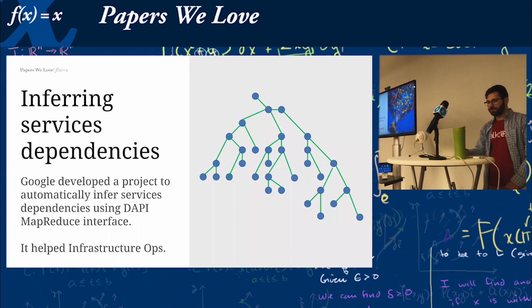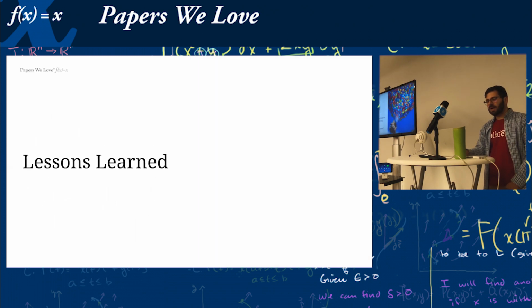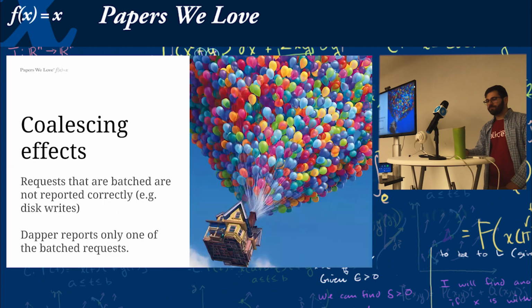Okay, lessons learned. There were some improvements left on Dapper. The first of those improvements was supporting batch requests. Imagine if you batch a lot of requests that write to disk, and then you execute all of them later. This kind of computation doesn't report well on Dapper, because only one of the requests will show on the trace.